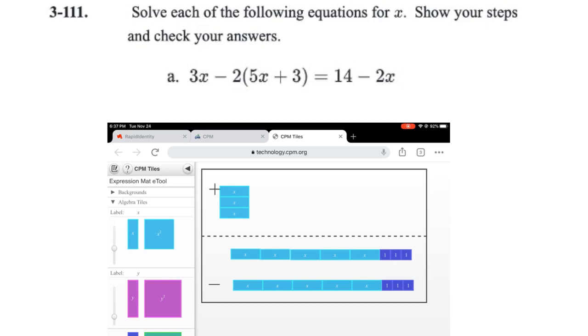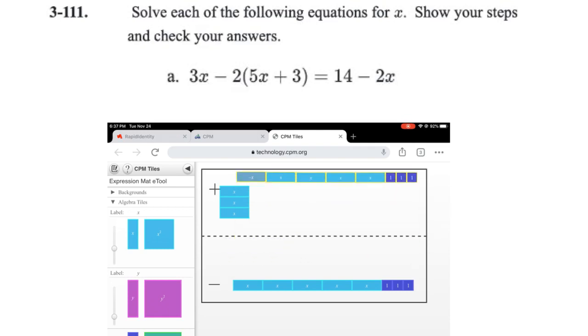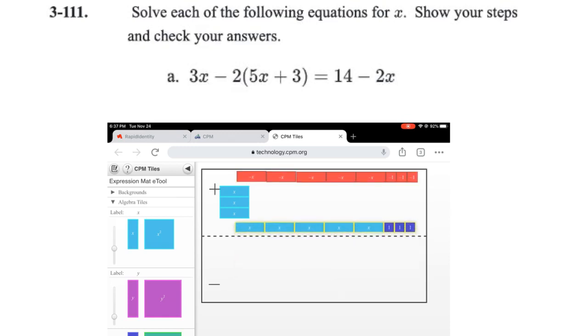So what I will be doing is flipping these up into the positive region, and I have to make up the opposites for each one. So after I flip it up, that's what I have, and then I'll start to combine like terms.